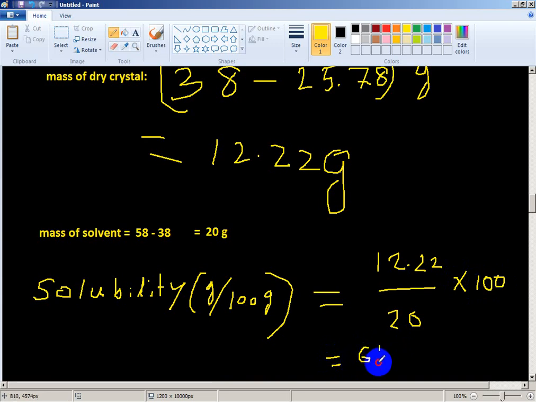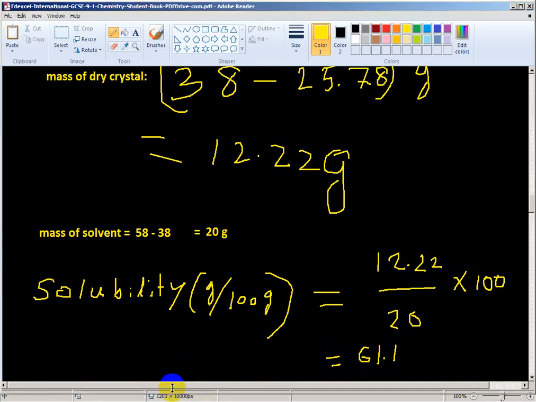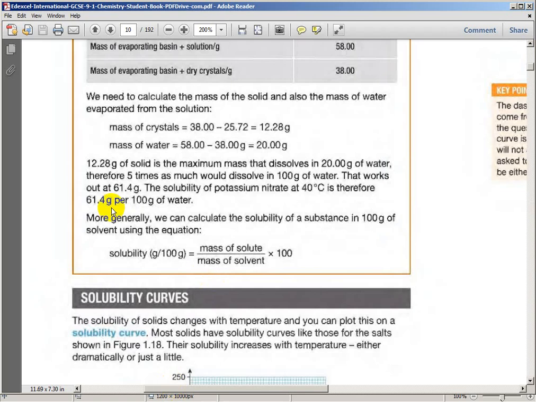Okay, so we have found the solubility. The solubility of potassium nitrate at 40 degrees Celsius is therefore 61.1 gram per 100 gram of water. Okay, thank you for joining today's class.